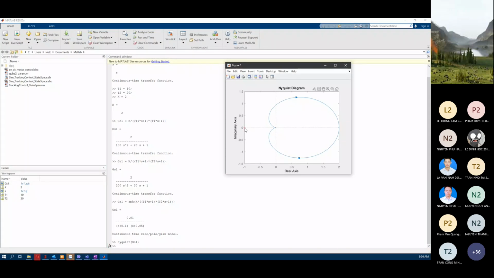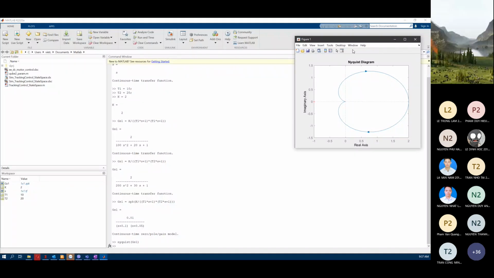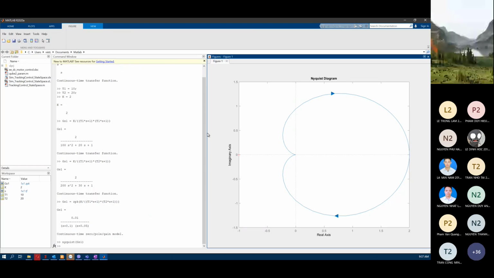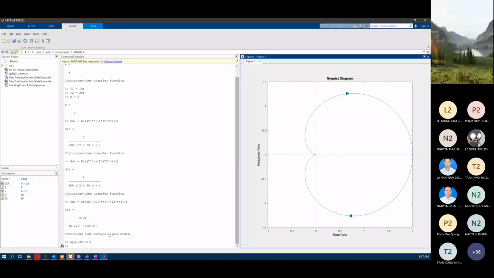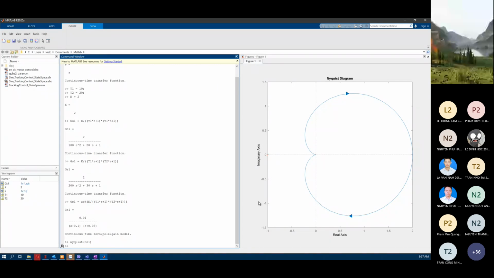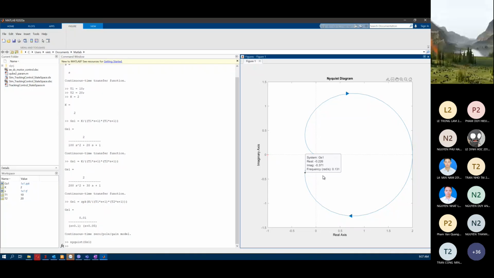See here, and we see the point 0 here. Okay, you see that the system will be stable with every value of K, because the frequency goes from minus infinity all the way to zero, frequency equal to 0, and all the way to this.